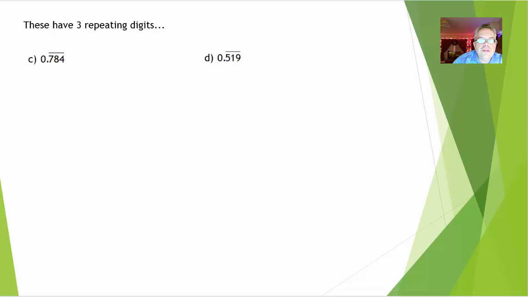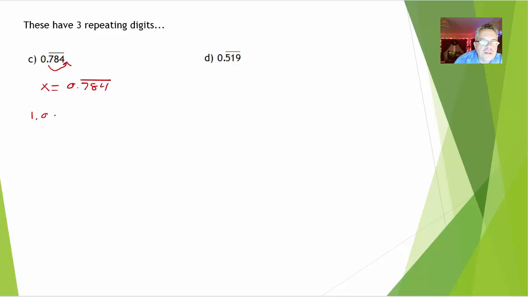Okay, these have 3 digits in the pattern. That's okay, so I'm going to have to multiply them by something else. I want to multiply them by something that's going to move the decimal to the end of one pattern. So since I want to move the decimal 3 places, I'm going to multiply this by 1,000, 10 to the 3rd power. Okay, so x equals 0.784 repeating, all of that repeating.